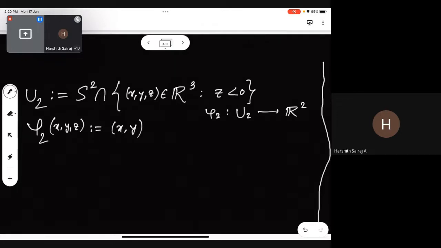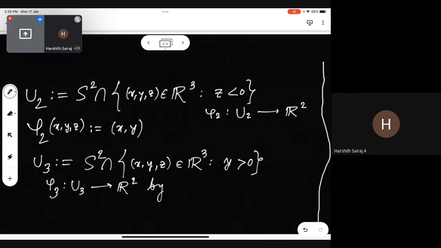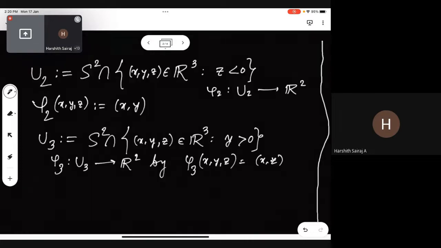And similarly, you define U3 to be S2 intersection {(x, y, z) in R3 such that y is greater than 0}. And here phi3 from U3 to R2 by phi3(x, y, z) is (x, z).